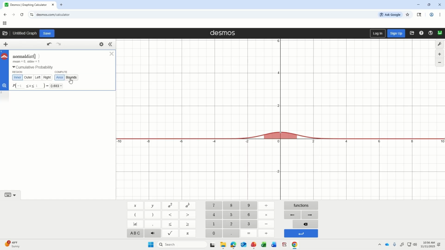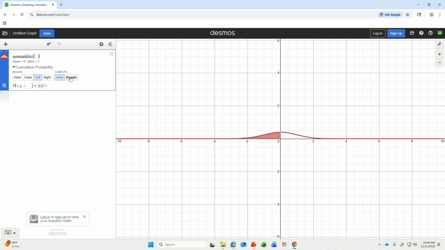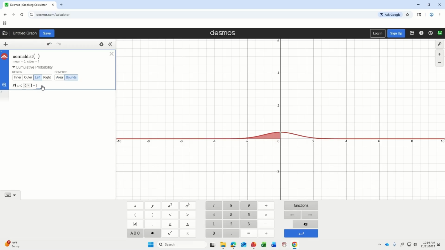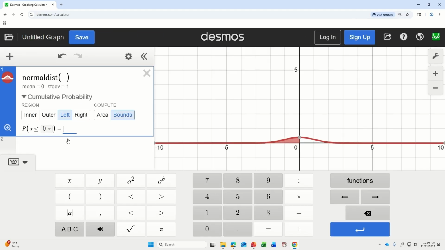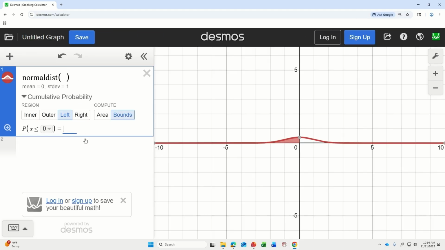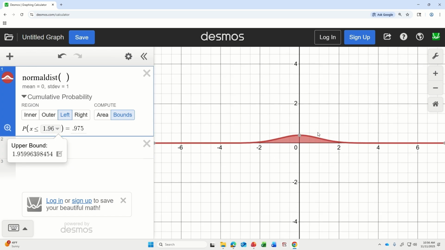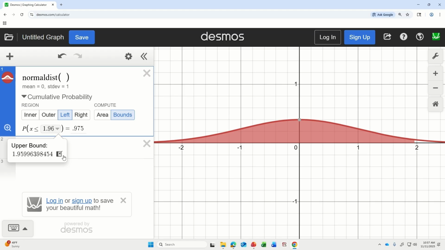Then to get the quantile function, I'm going to hit left bounds. In the blank where it lets me type, I'm going to type in 0.975. Then where it gives me a value for the upper bound, that's the output of the quantile function. It's telling me 1.96.